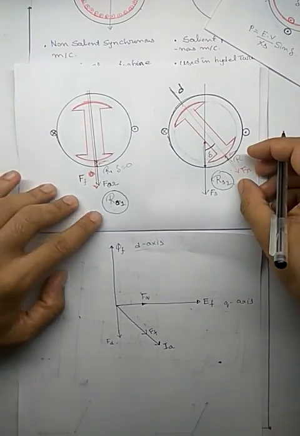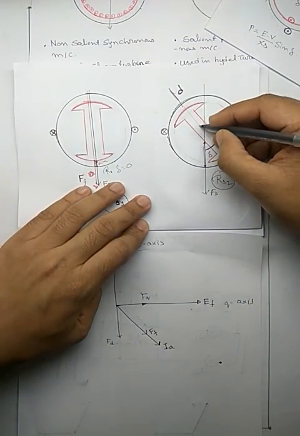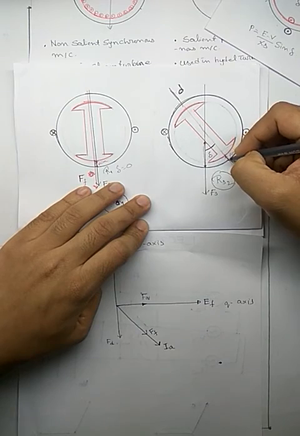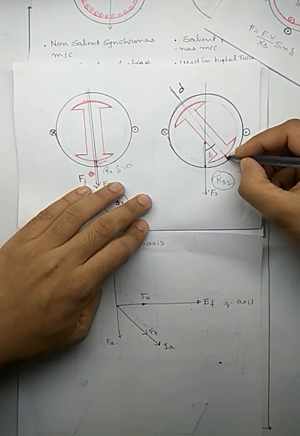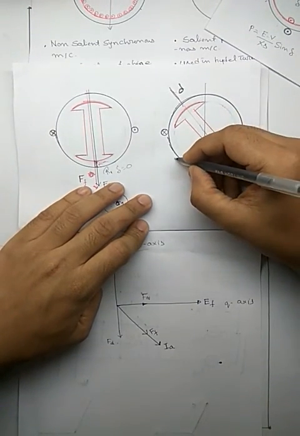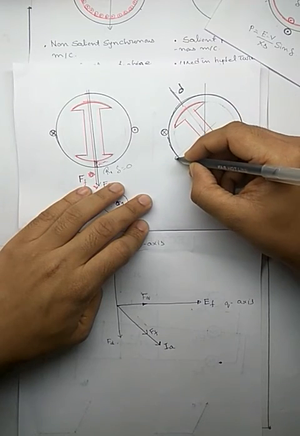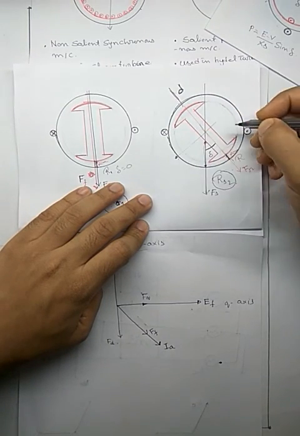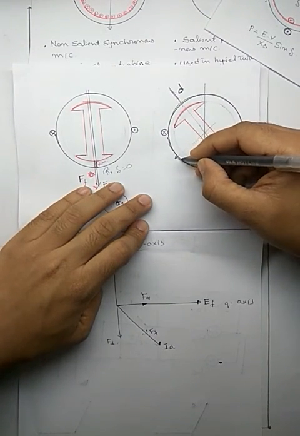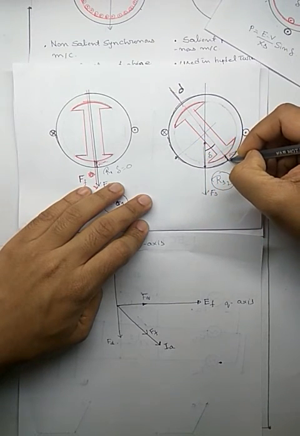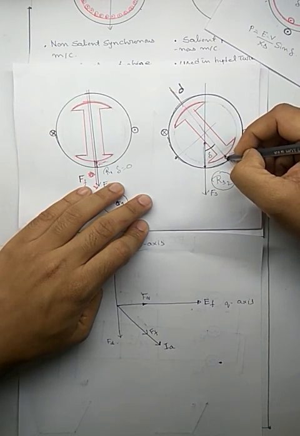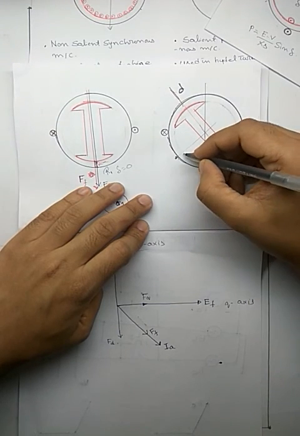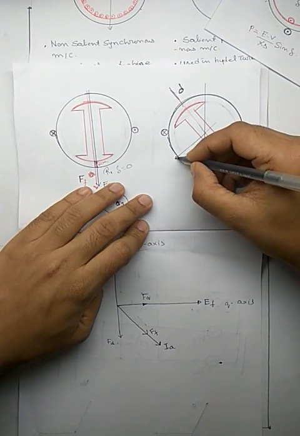Now you see what happens. Along the D axis my air gap is constant, and Q means perpendicular to this. Along this also my air gap is constant. As you move from here to here the air gap varies, but along this direction the air gap is constant, and along this direction the air gap is constant.